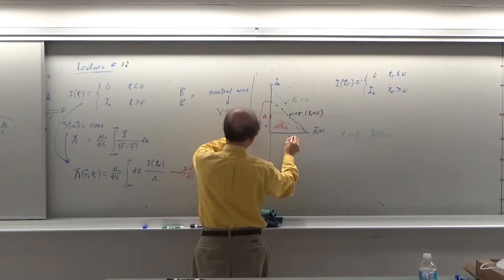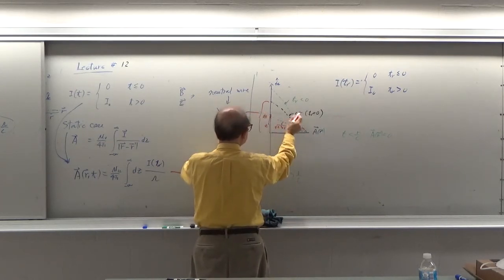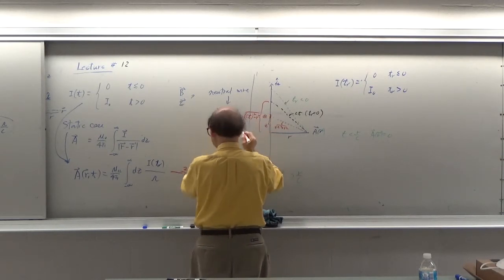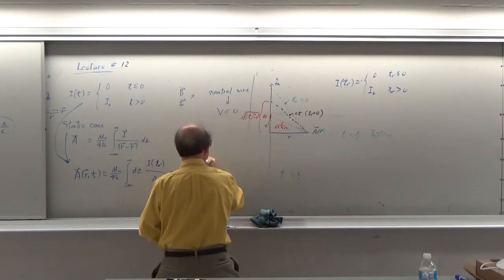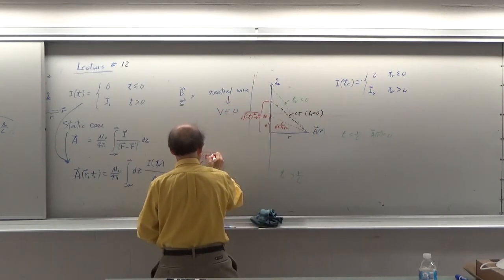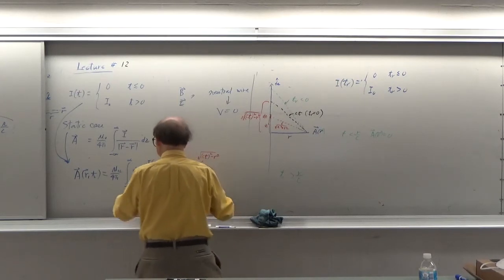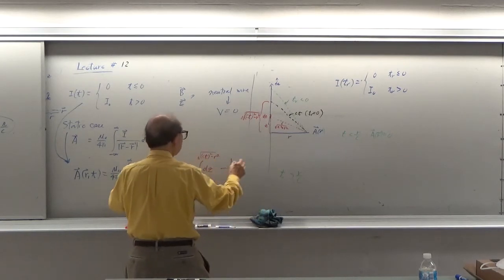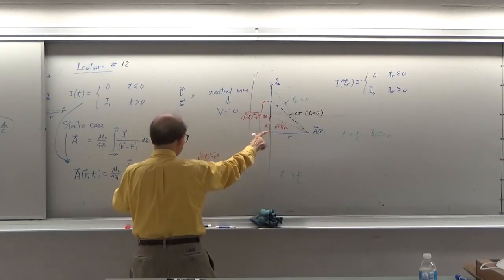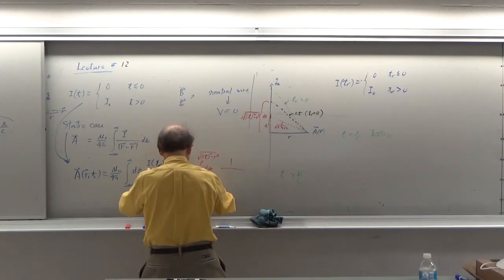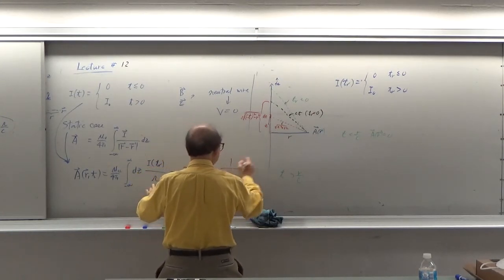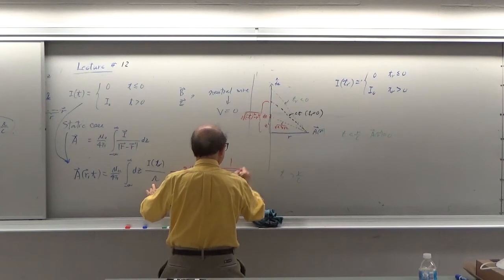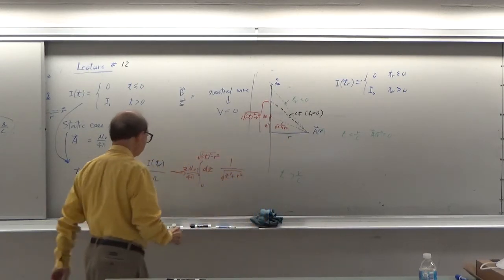This is nothing but square root of ct squared minus r squared. And the value for current is I naught, so it can be pulled outside. And this r is, of course, given by square root of z squared plus r squared. That's it.